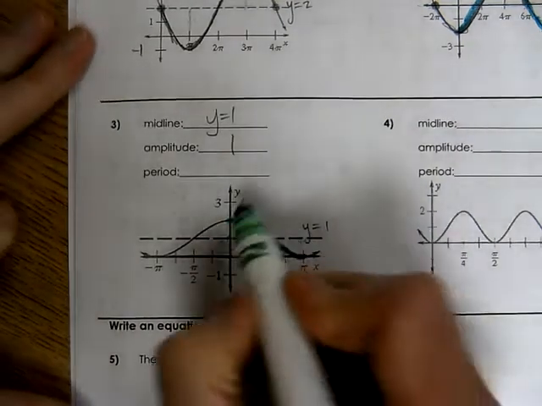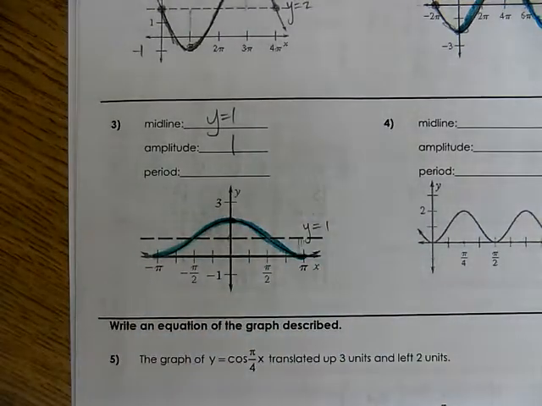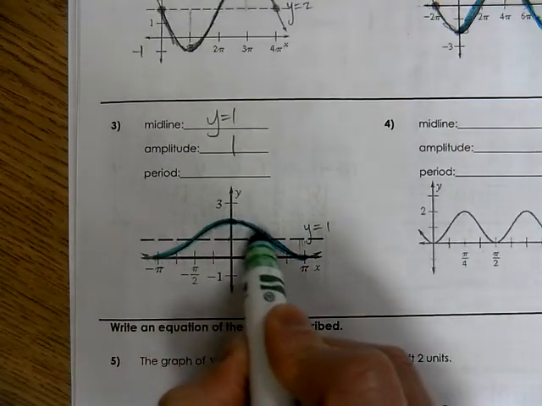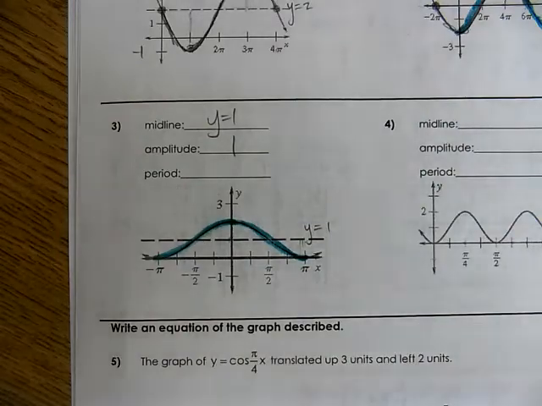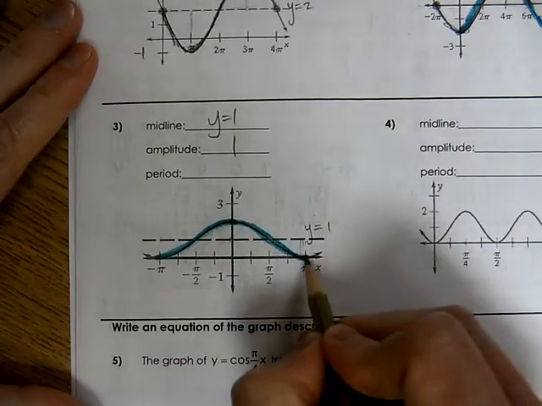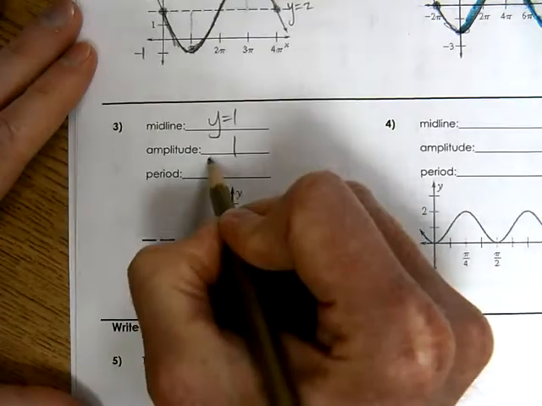That's only part of one. There is your cosine. It comes from way over here, and it climbs up, and it comes back down. It's actually a reflection of a cosine, but it's a cosine. So we're going from -pi all the way to positive pi, so that's 1 pi, 2 pi.